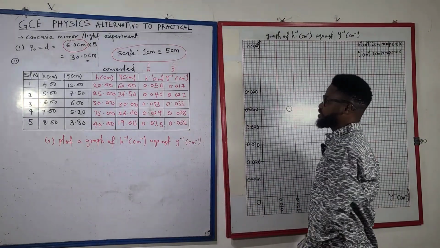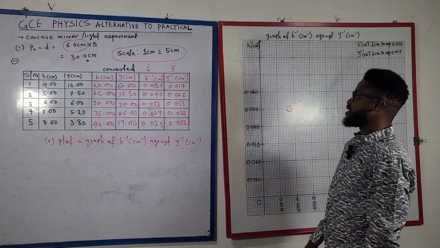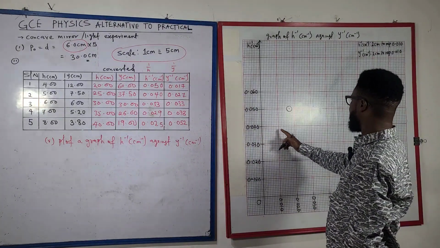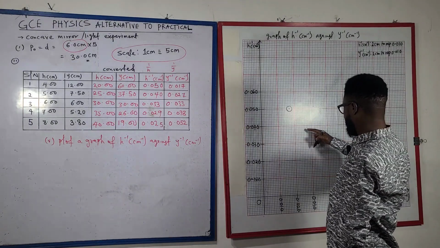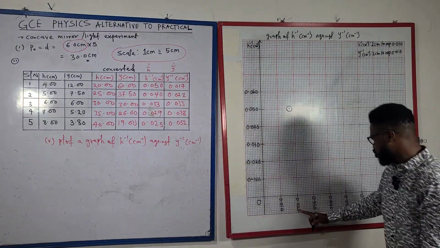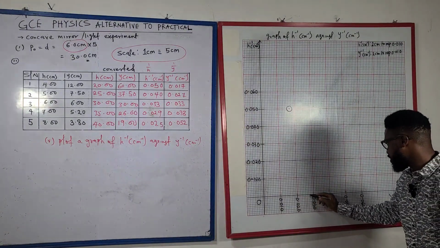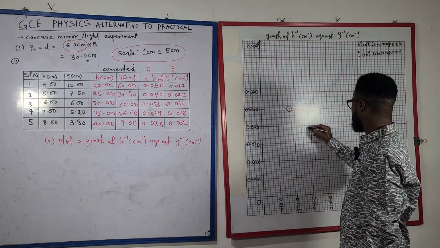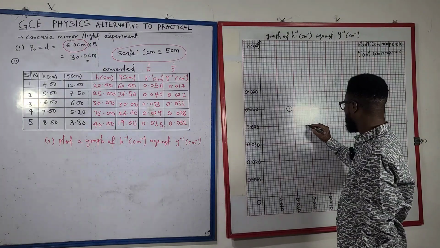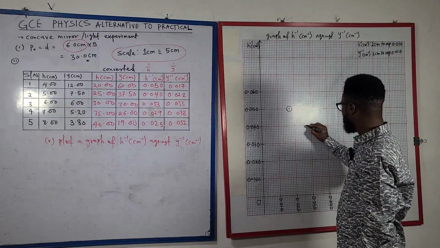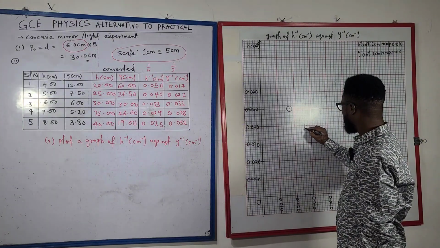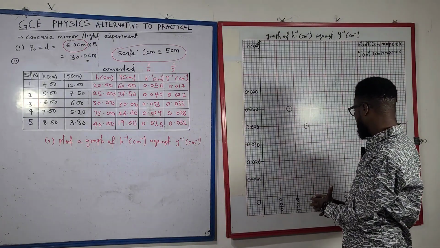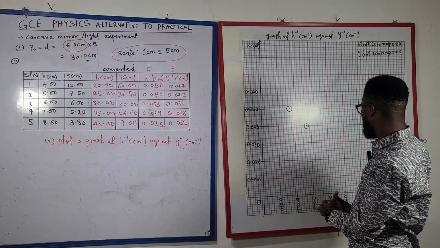When it is 0.040, I have 0.027. Of course, 7 is going to be here. So you get the point out. It's easier when you are plotting your graph with your pencil, of course.